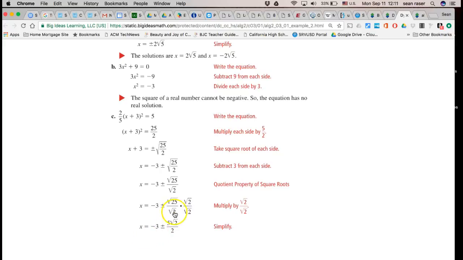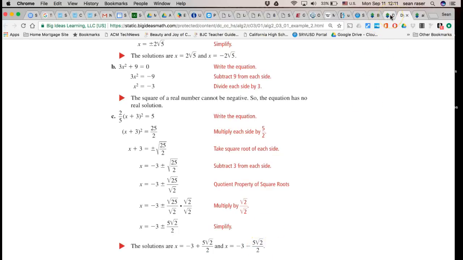So this ends up simplifying down to square root of 25 is 5 times root 2, all over 2. Again, these last steps are simplifying your radical into an acceptable form. Okay, so here our final answers are -3 plus 5 root 2/2 and -3 minus 5 root 2/2.